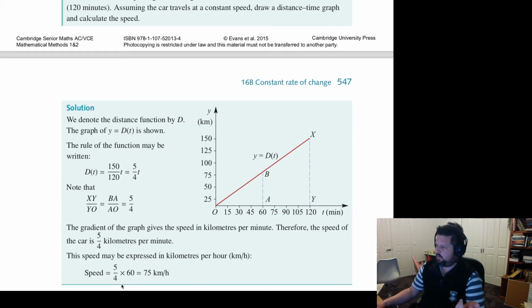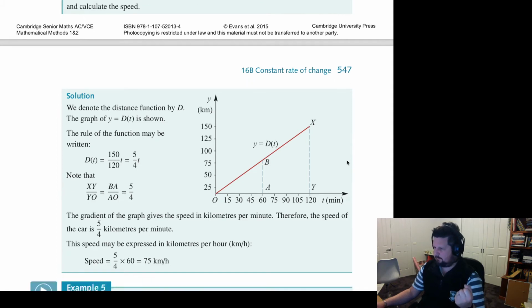So 5 over 4 multiplied by 60 gives us the speed of 75 kilometers per hour. Indeed, if you look at the graph, in an hour, which is 60 minutes, the distance travelled would be 75 kilometers. So that sums it up very nicely.